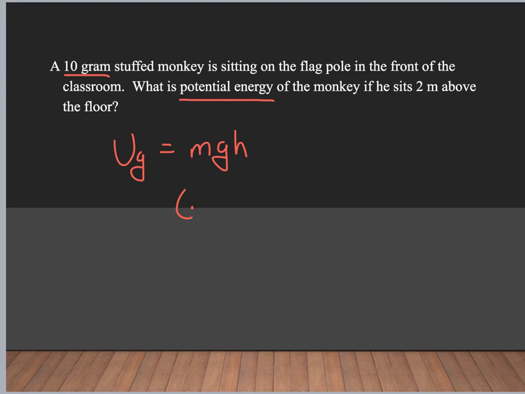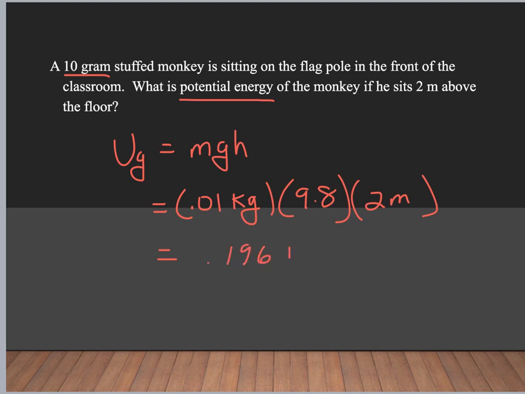It has to be in kilograms: 0.01 kilograms. g is just 9.8. h is 2 meters. So what's that value? 0.196 joules.